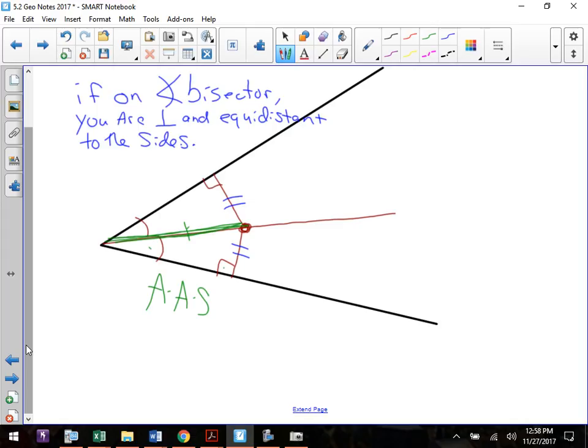Always, because you can show that you have angle, angle, side, because of that reflexive piece.